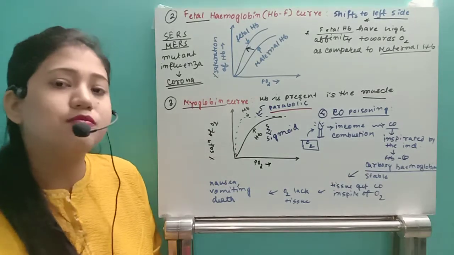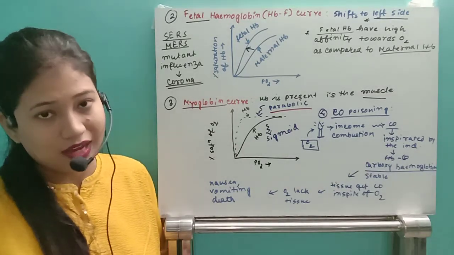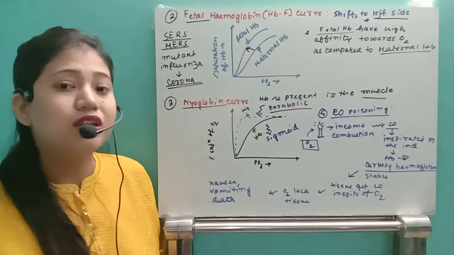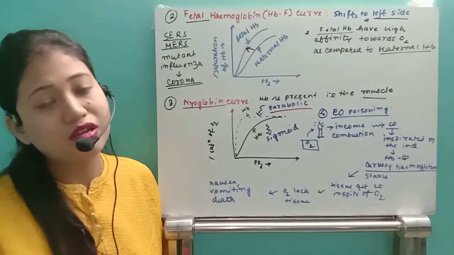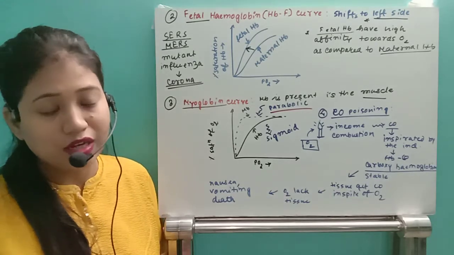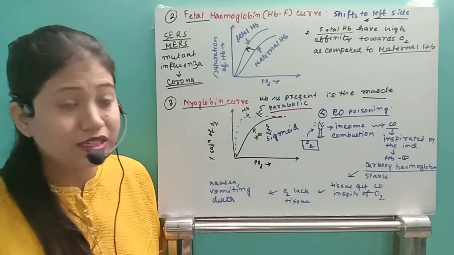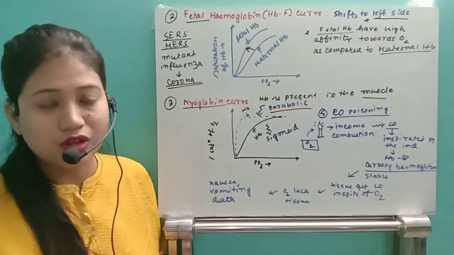This is because of the mutant influenza virus. Earlier it was found in different mutant forms, SARS and MERS, and now it is the nCoV, the novel coronavirus, detected in 2019.